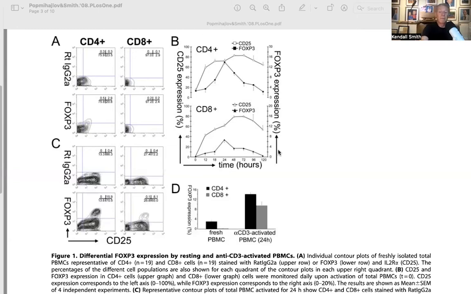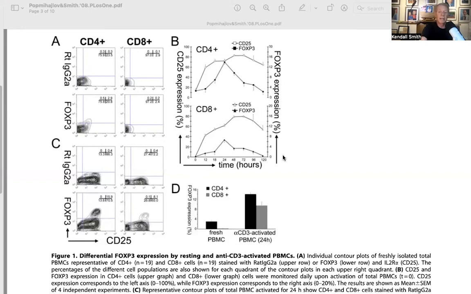This is the result of 4 experiments where he compared cells after activation through anti-CD3 in PBMCs. In the upper portion of the B figure are CD4 cells, and in the lower are CD8 positive cells.